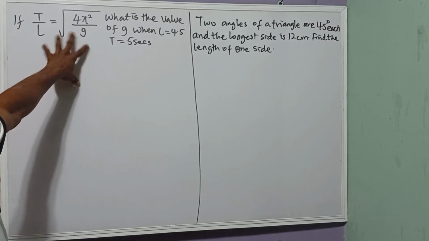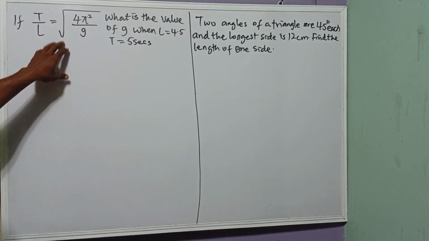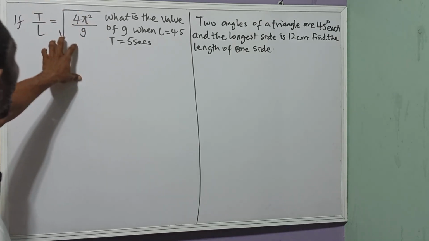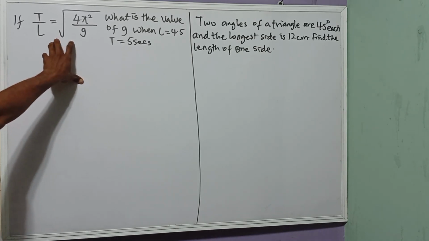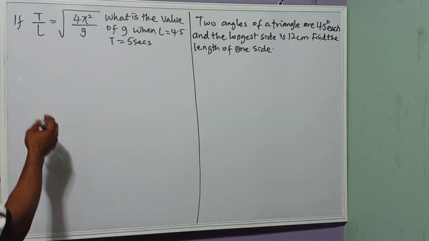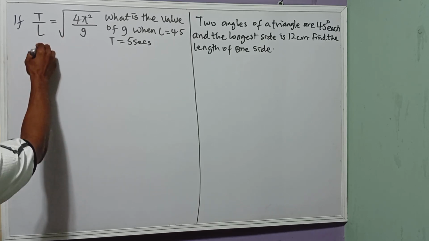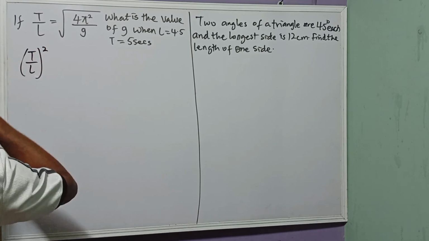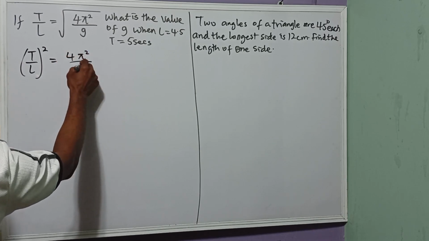Now, making g the subject of the formula here, we'll start with first of all looking at this as an equation and eliminating our root sign. The opposite of our square root here is square. So we'll start by squaring both sides. So this becomes (t over L) all squared equals 4 pi squared over g.